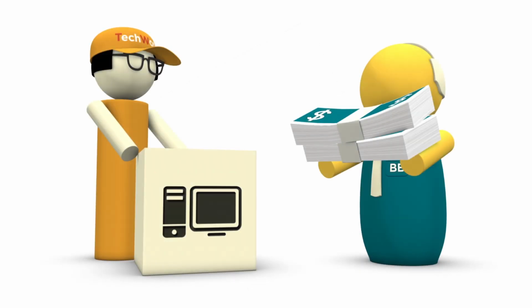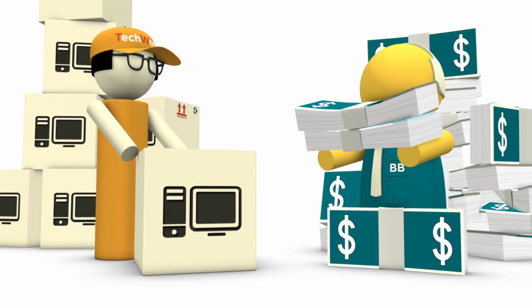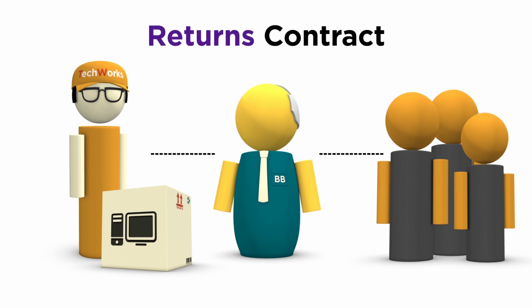Under the returns contract, the supplier again charges a fixed wholesale price for every unit. But for each unit of leftover inventory, the supplier pays the retailer a fixed refund. As a result, the retailer will order more knowing that they can get a refund on unsold inventory. Let's revisit Big Box and TechWorks, but this time using the returns contract model.